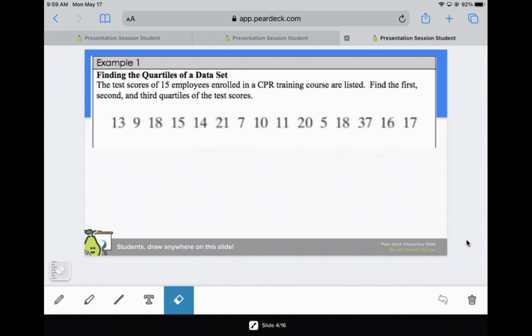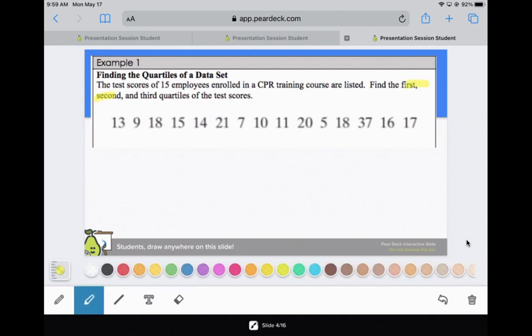So quartile, for this one, the first one, we look at the test score of 15 employees in a CPR training course. They ask you to find the first, the second, and the third quartile. Quartiles is the three. I'm going to split this into 3 equal parts. Okay. So here's how we're going to do it.